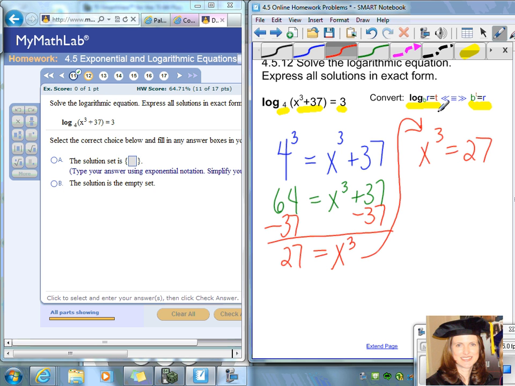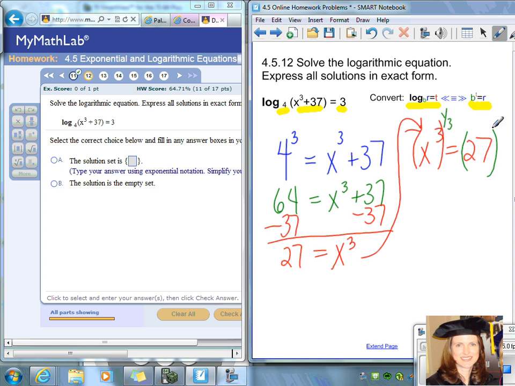The way you get rid of this exponent 3 is by raising it to a power that is the reciprocal. We're going to raise it to the 1/3 power. That's one way to get x by itself. Raise both sides to the 1/3 power. So then that will give us x to the third to the 1/3. Power to a power, you multiply those powers together. And this side is 27 to the 1/3 power.